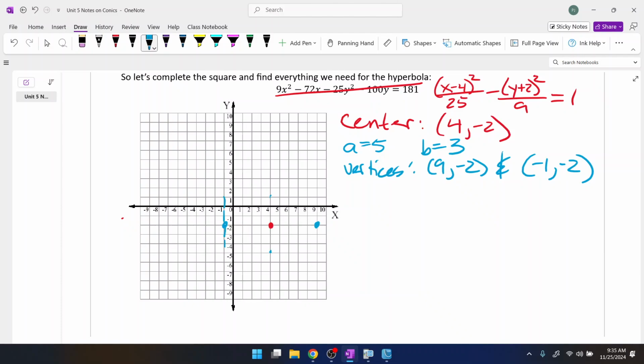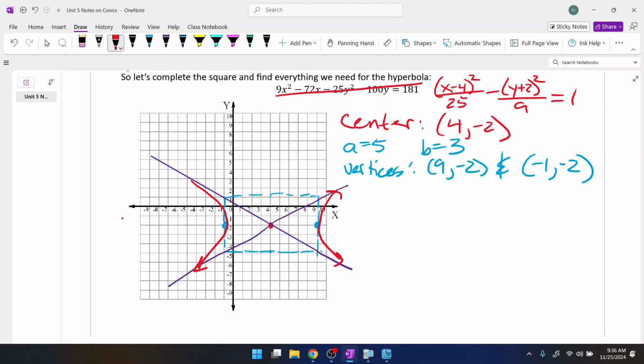Now, when we're finding the equation, that's going to be a little bit more tricky. But if you notice here, this is up 3 and over 5 still. So what will happen is we'll have the hyperbola looking something like this here.